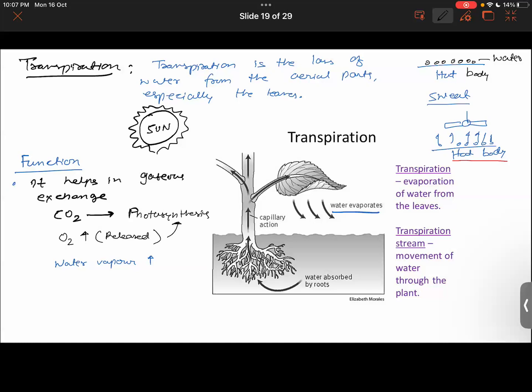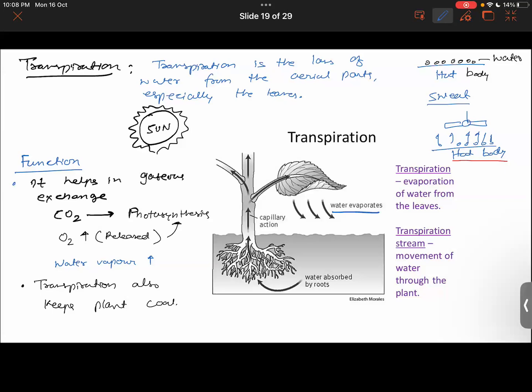And then one more important point was there, that it helps the plant to cool down. So transpiration also keeps the plant cool. Is it clear? Abu, is the transpiration clear or not?